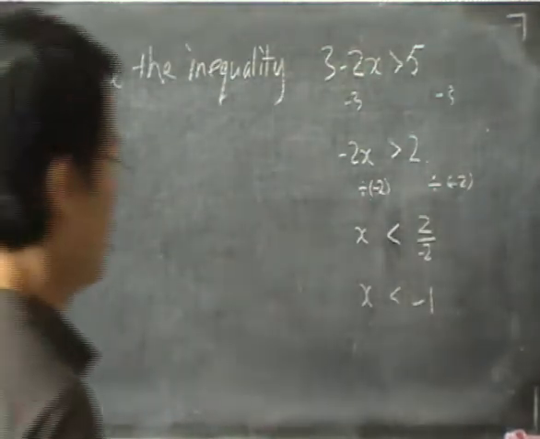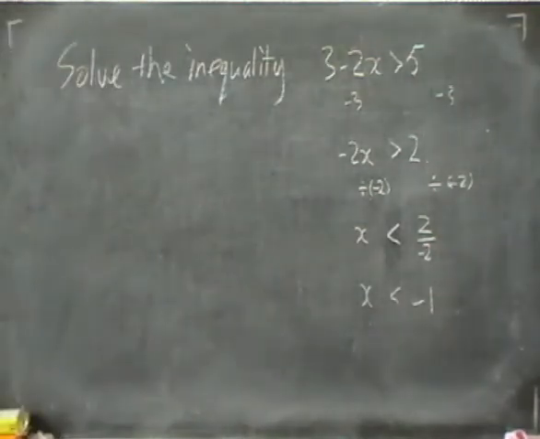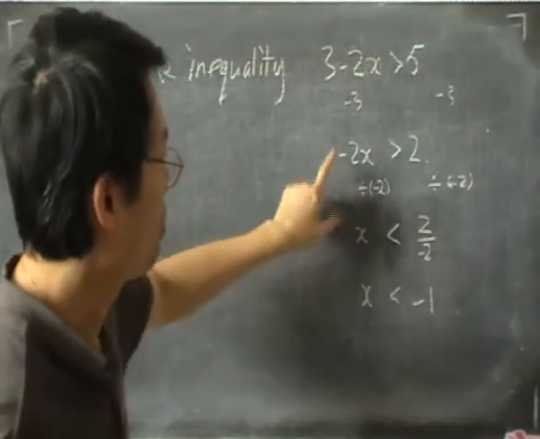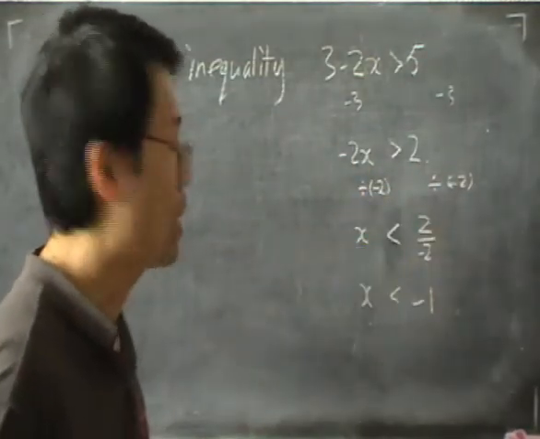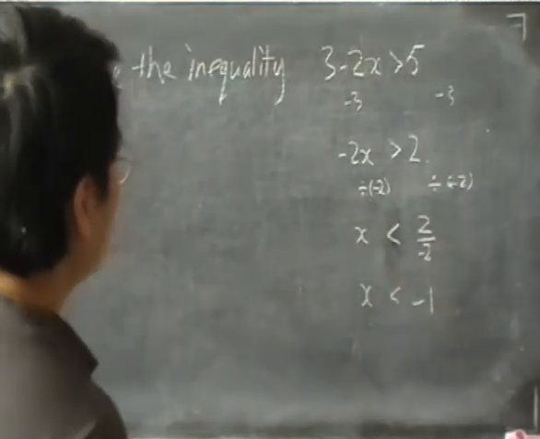Where were we? Right, okay. We want to understand why, when we multiply both sides or divide by a minus sign, I need to switch the inequality.